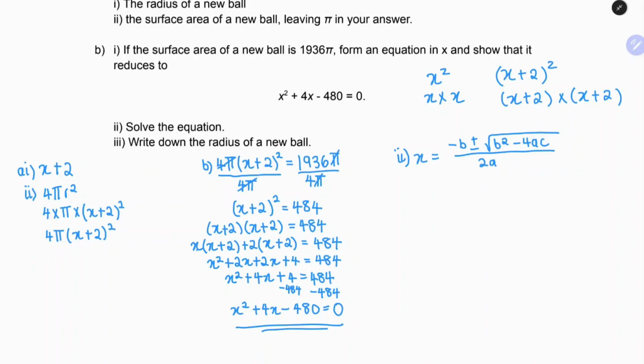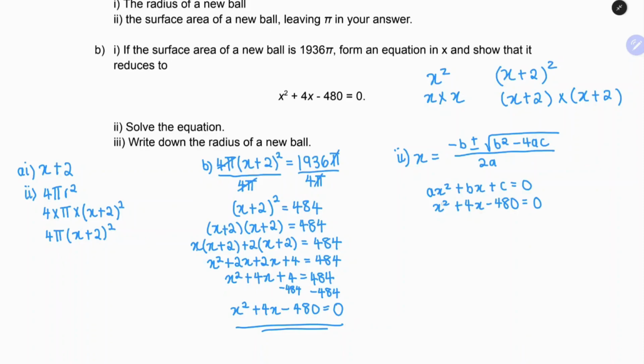So I'll repeat the same thing that we did in the first question, which is basically write it down. Like we said, it's in the form of ax squared plus bx plus c is equal to 0. So I write this equation down right next to it: x squared plus 4x minus 480 is equal to 0.